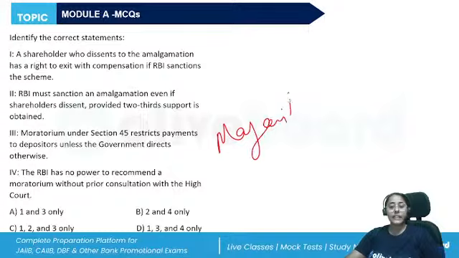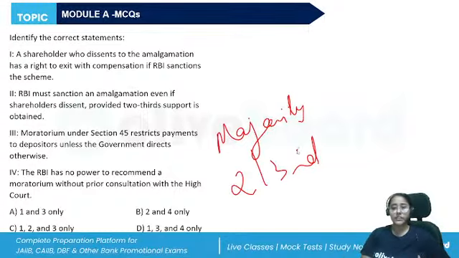Majority means two-thirds of the shareholders of each company. They will have to give their approval. And if a shareholder votes against such a scheme, they have the right to claim the value of their shares and exit from the amalgamated company. All right, so this statement 1 is correct.